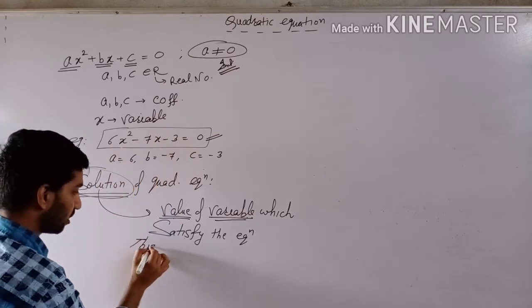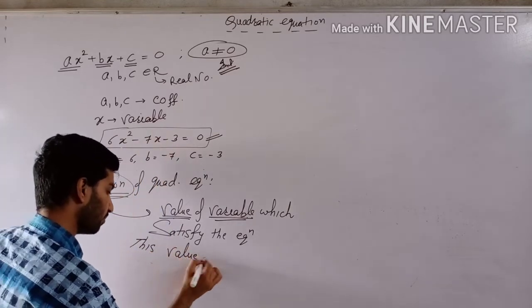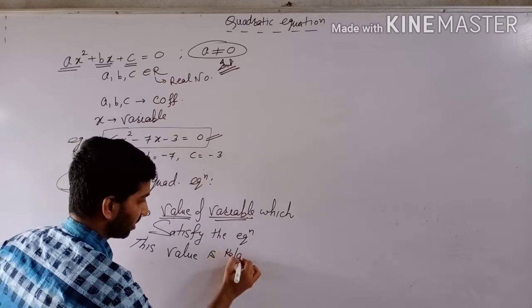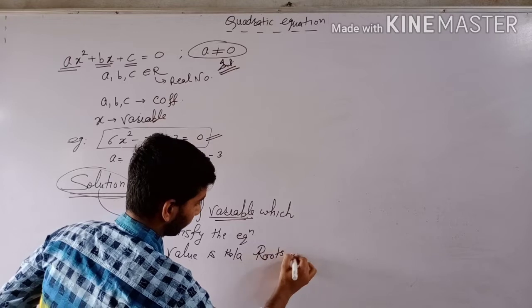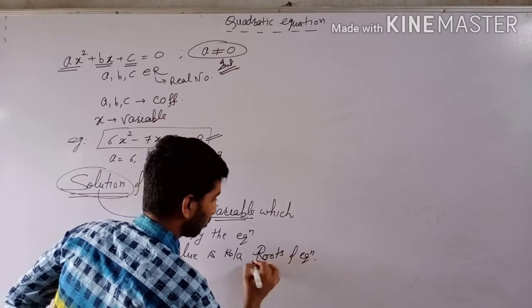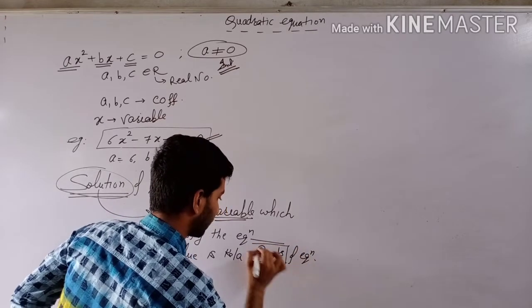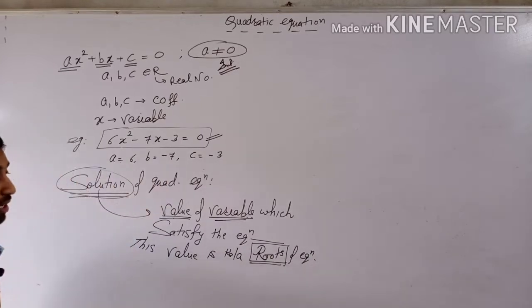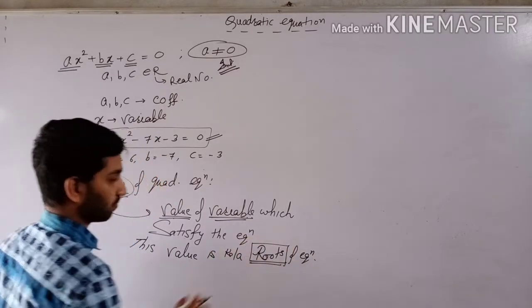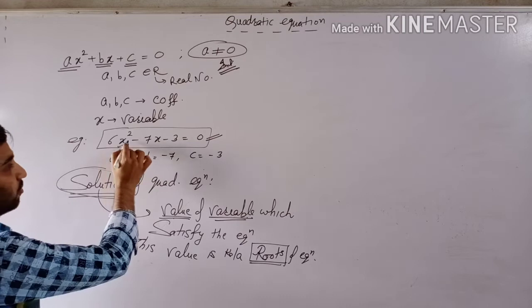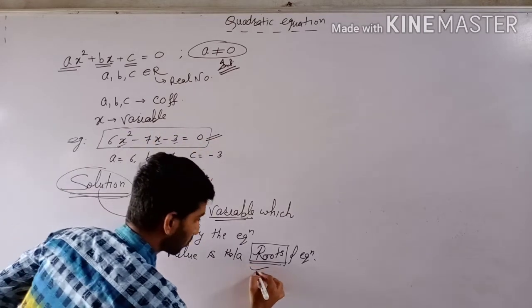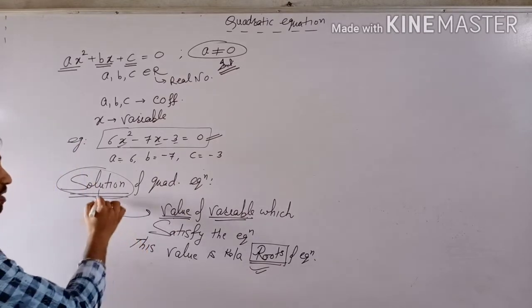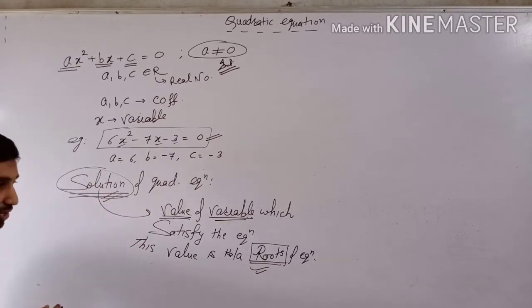This value is known as the roots of equation. The value of variable which satisfies the equation is known as the roots of equation, and it is known as the solution of quadratic equation.